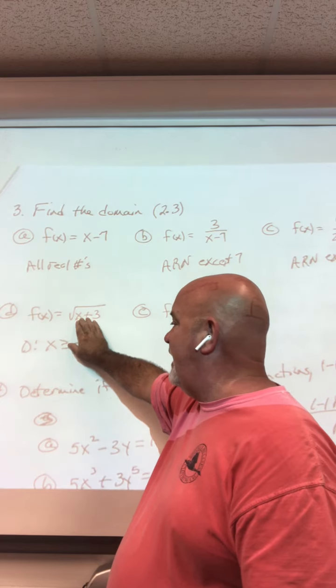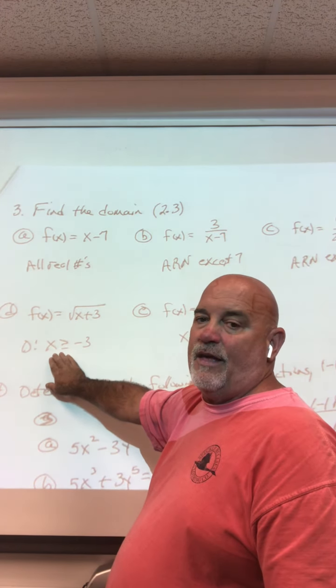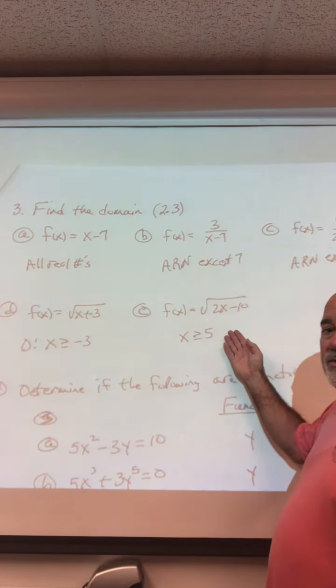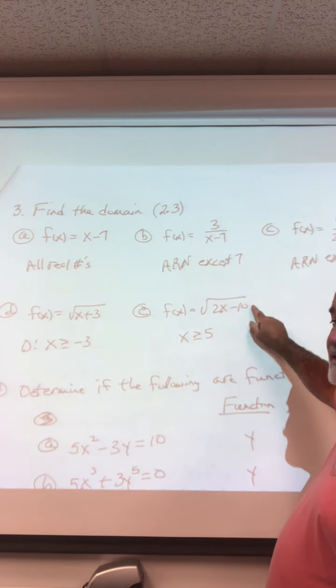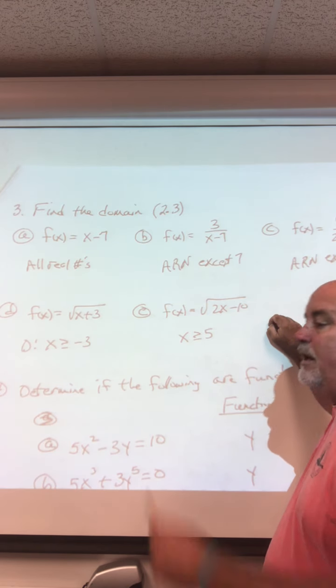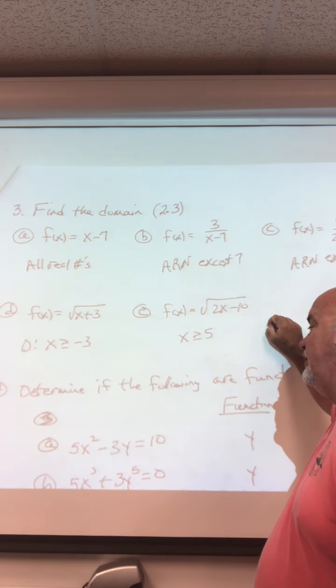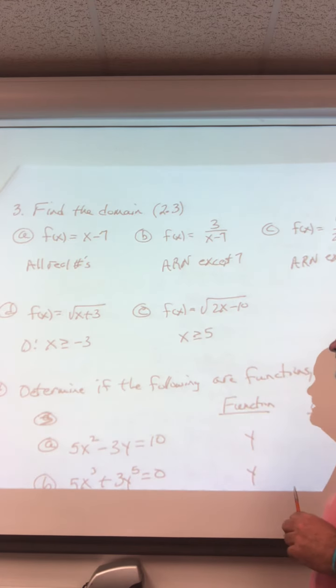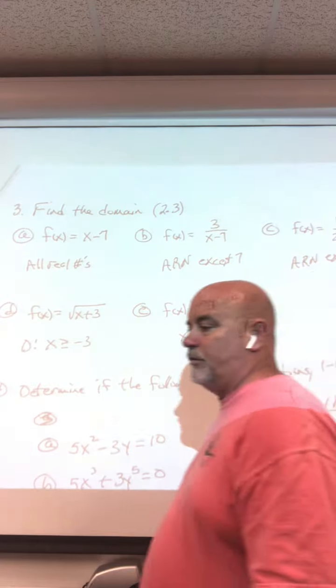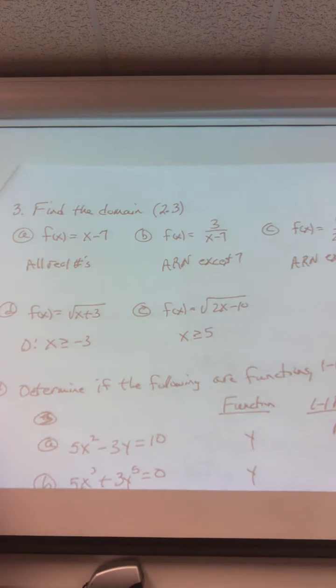And then when you solve that for x, you get x is greater than or equal to negative 3, which is your domain. On this one right here, you'd say 2x minus 10 greater than or equal to 0. Add 10 to both sides, so you get 2x greater than or equal to 10. Divide by 2 to get x greater than or equal to 5. Okay?